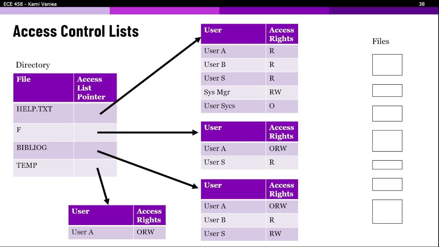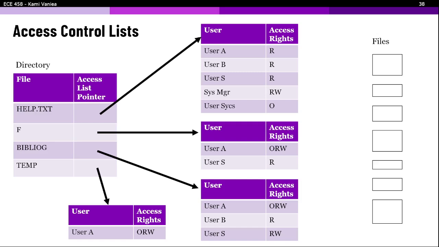So each user here is like a username. I'm trying to do this in the way that's most visual to you, or the way you're most familiar with at the moment. This could also be process IDs.